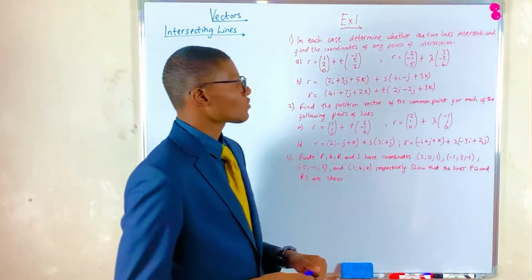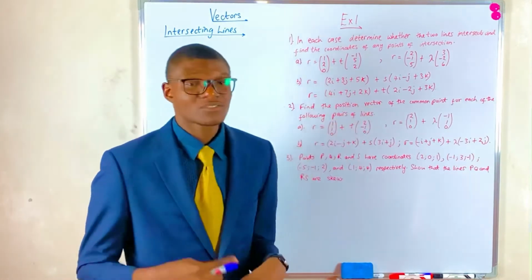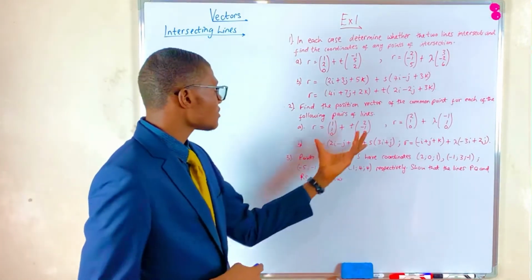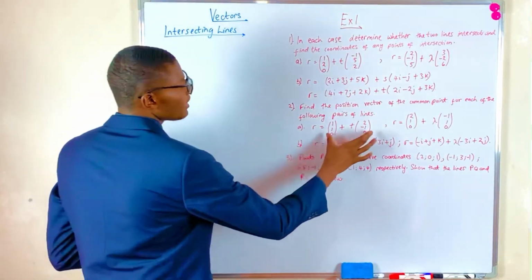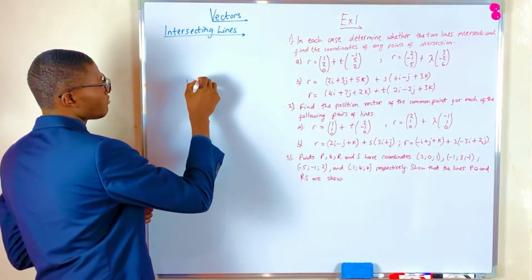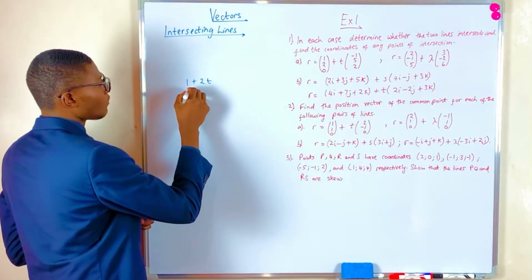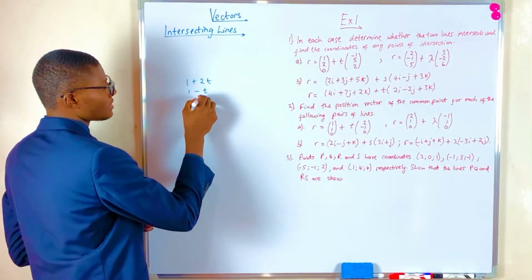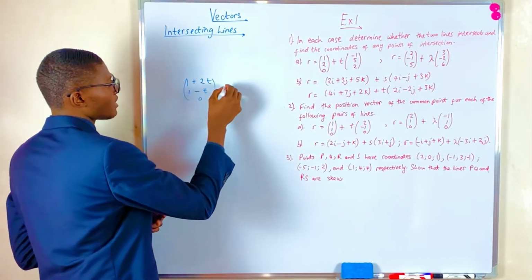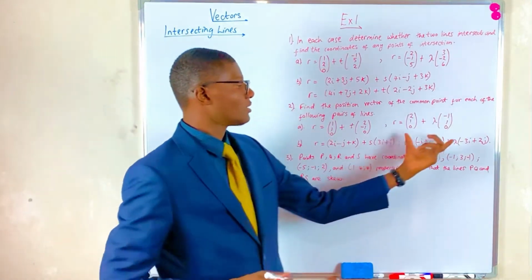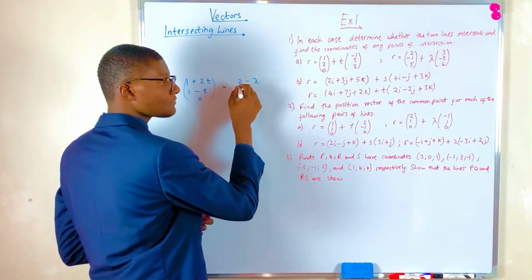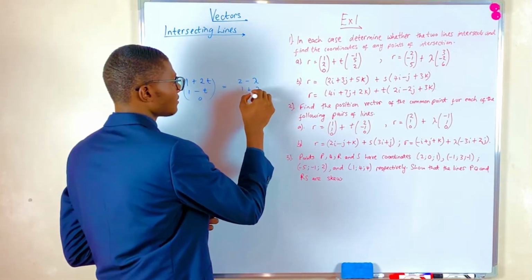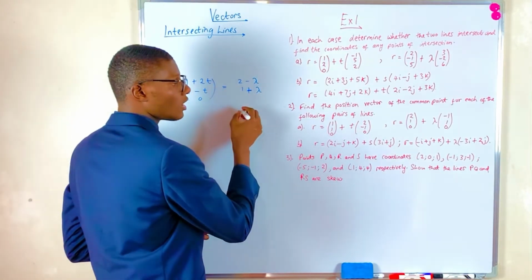So to find the position vector of the common point is when this intersects with that. So we are combining this to have 1 plus 2t, 1 minus t, and 0, being equal to this, which is 2 minus lambda, 1 plus lambda, and 0.